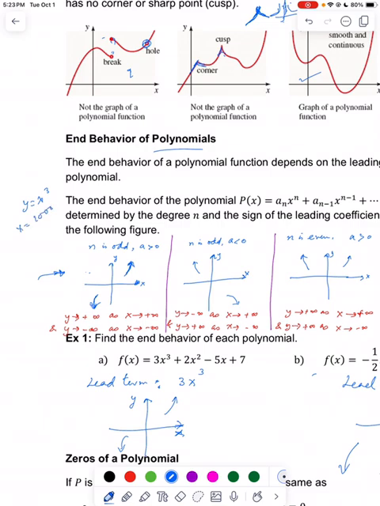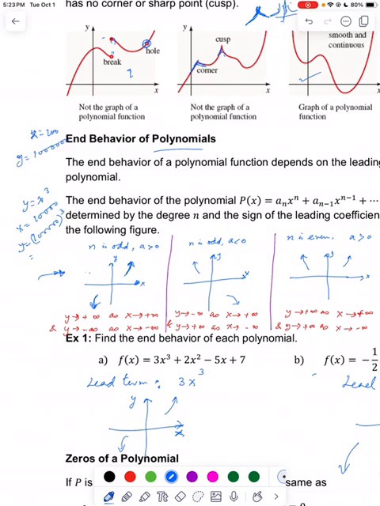Then Y will become, imagine 10,000 cubed. It will be a huge number. Even with X equal to 100, Y will become 1 million, there will be 6 zeros. So already you see how big this is.